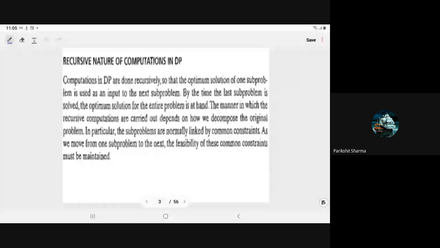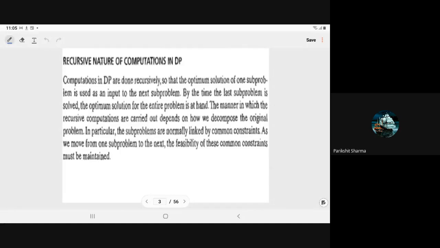Then the optimal and feasible solution for stage 1 and stage 2 will become the input for stage 3, and we compute the optimum solution of stage 3. That's why the optimality and feasibility is not disturbed, because we are considering that optimality and feasibility as input for the following stages.